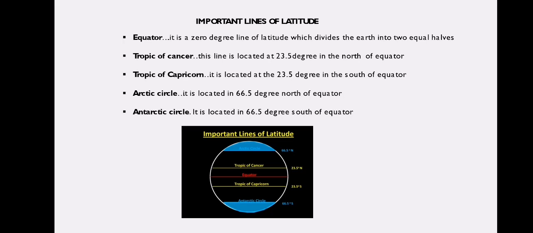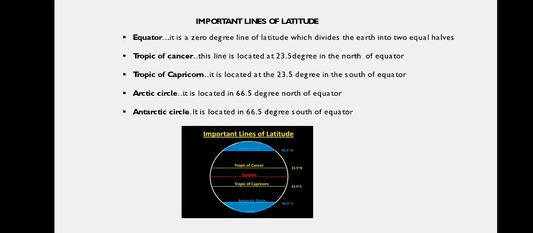The next degree of latitude is the Arctic Circle. The Arctic Circle lies at 66.5 degrees north of the equator. This degree has such space and distance from the 23.5 degree latitude that it gives much difference of climate.